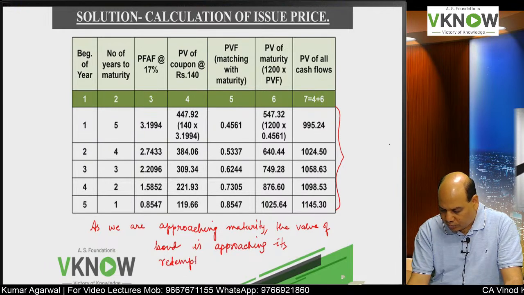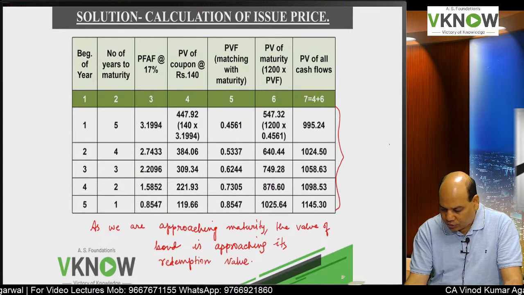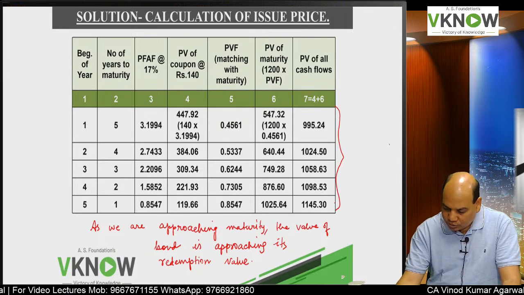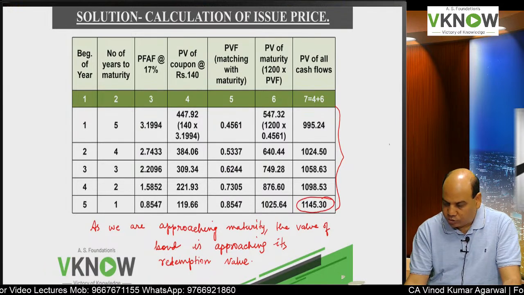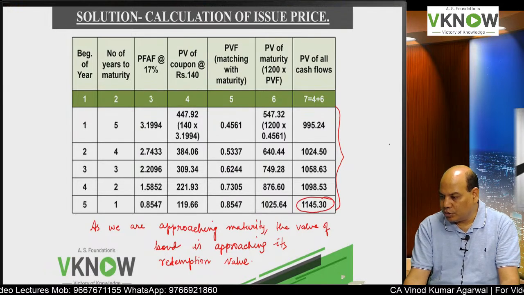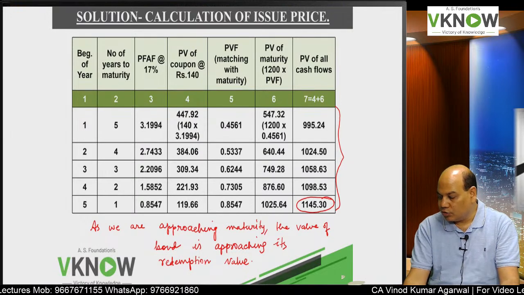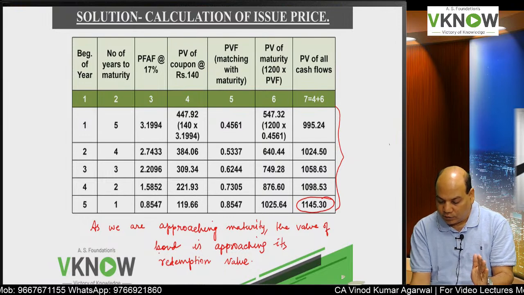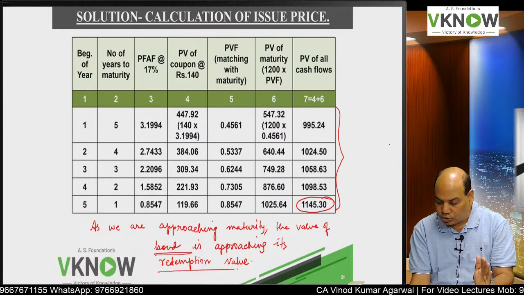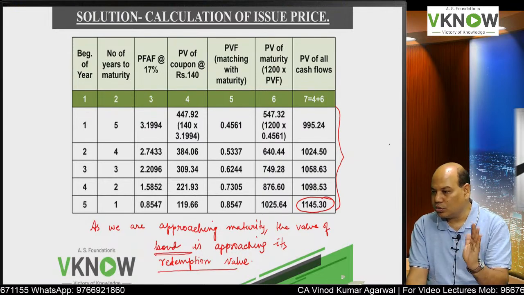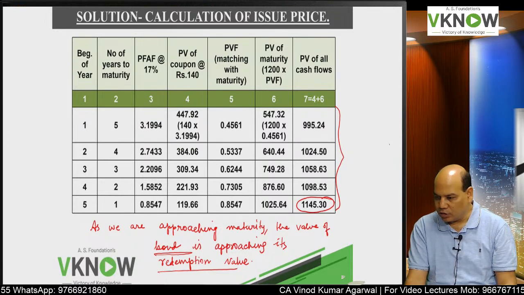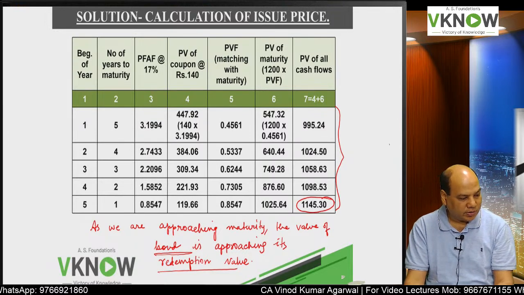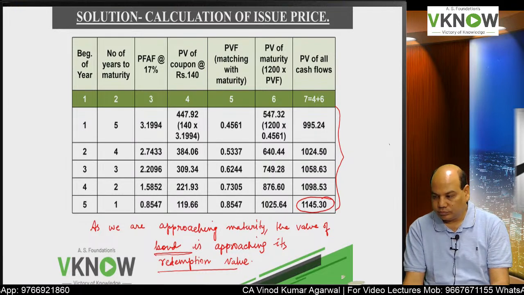The redemption value is 1200 rupees. So in the 5th year it is 1145.30. As you reach closer and closer to maturity, the value of the bond will also move closer and closer to the redemption value. This note was written in some earlier paragraphs also.